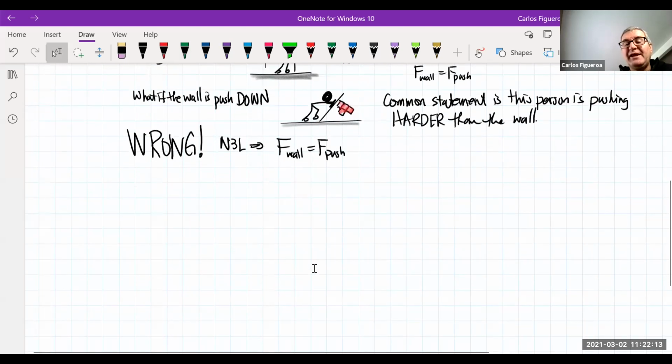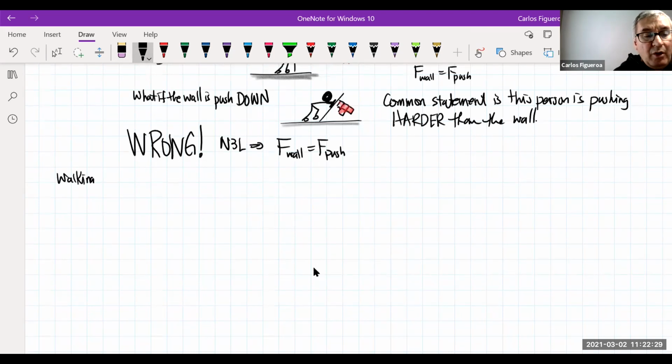Otherwise, the wall would be standing. Wrong. Newton's third law says they're exactly the same, right? And we can also think about an example of just plain walking on the ground, right? If you're thinking about walking on the ground, and I think about Newton's third law, here we go.